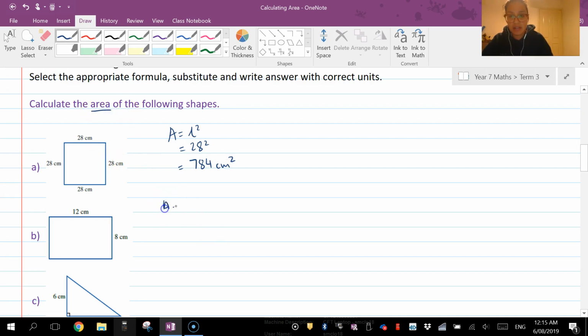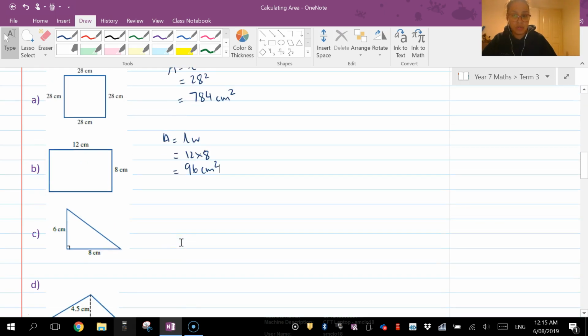Next one, A equals, using my length times width because I have a rectangle, substitute 12 times 8 equals 96 centimeters squared. Notice how I'm setting up my working out. When I say working out, I'm looking for formula, substitute, answer.